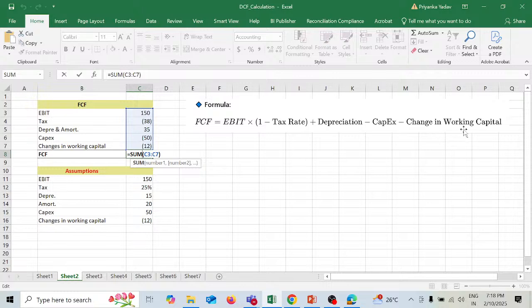Change in the working capital, this is deducted. Now, change in working capital, this is the difference between your current assets and current liabilities. If your working capital increases, that means more cash is tied up. If the working capital decreases, so more cash is available.